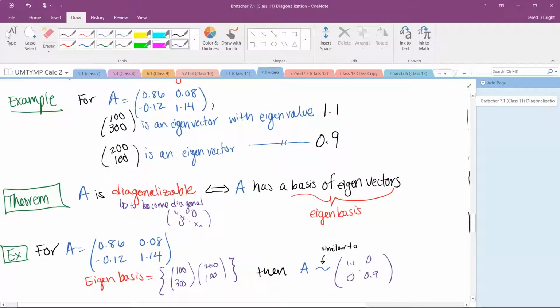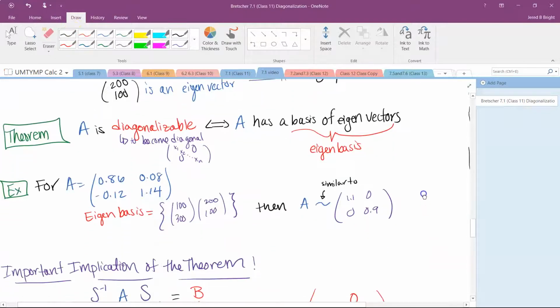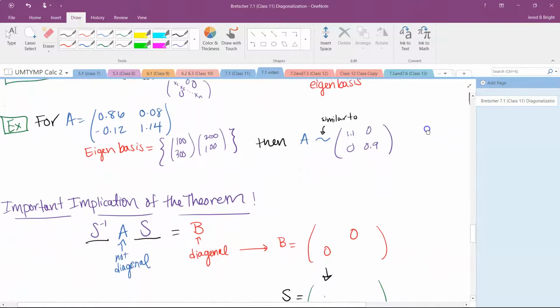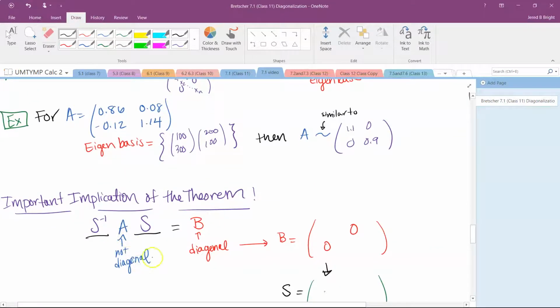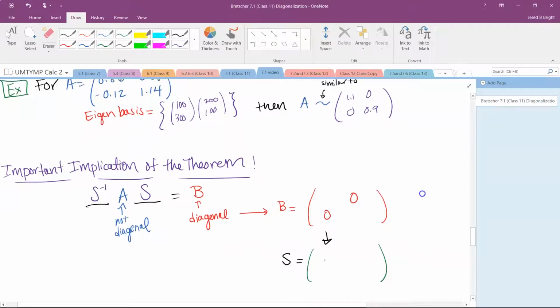Okay, and actually this has an extremely important implication. It does mean that if we have a matrix A that is not diagonal, we can diagonalize it, or it can become diagonal by finding its eigenvectors and eigenvalues.